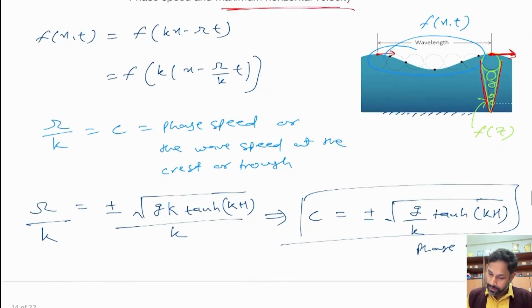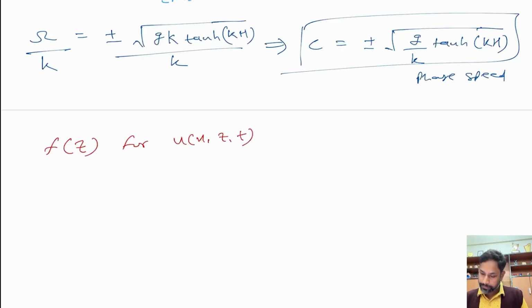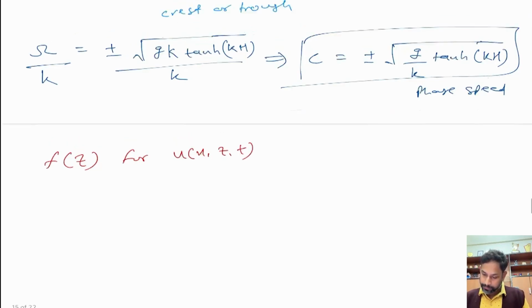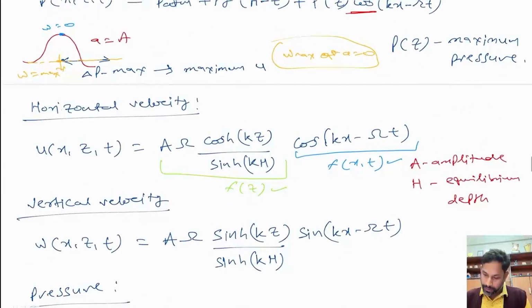So here we can try to analyze f of z for u of x, z, t. Okay, so we will copy this particular parameter.